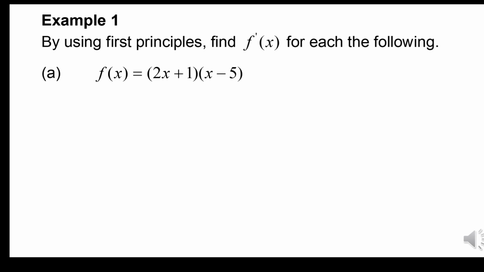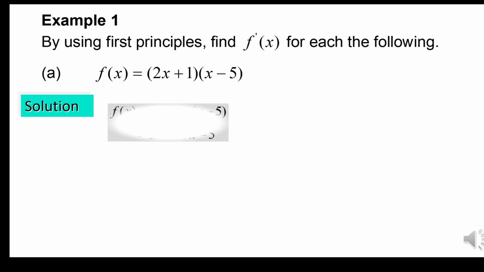Let's take a look at example 1. By using first principle, find f'(x) for each of the following. A. f(x) equals (2x plus 1) multiplied by (x minus 5). So what we need to do here is expand the function to get 2x squared minus 9x minus 5.